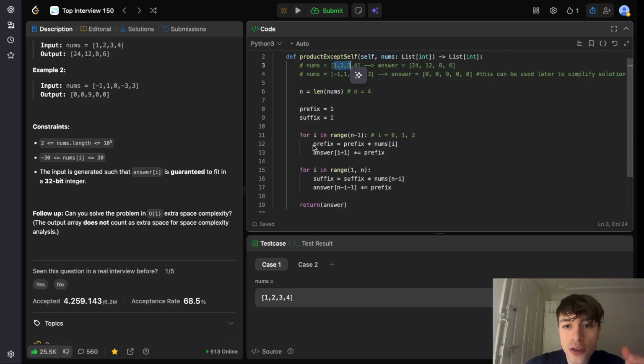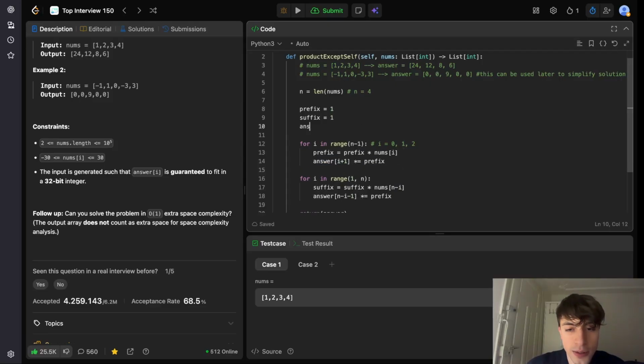Okay, so prefix is equal to prefix times nums i. Of course, here we are multiplying answer i plus 1 times a prefix, but we didn't initialize answer. Answer is a vector 1 times n. Now, basically we multiply prefix by the num.